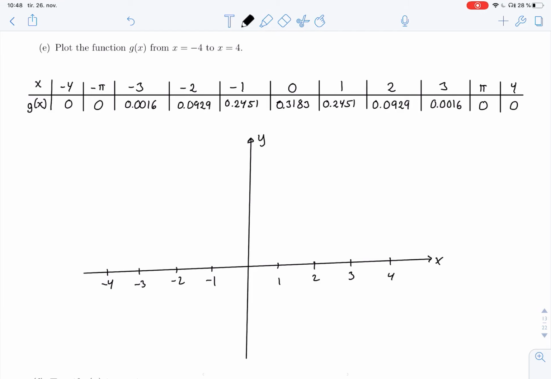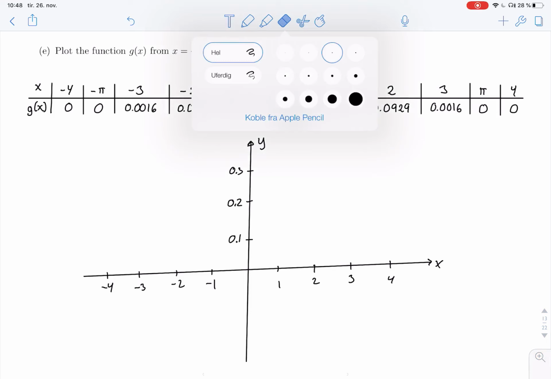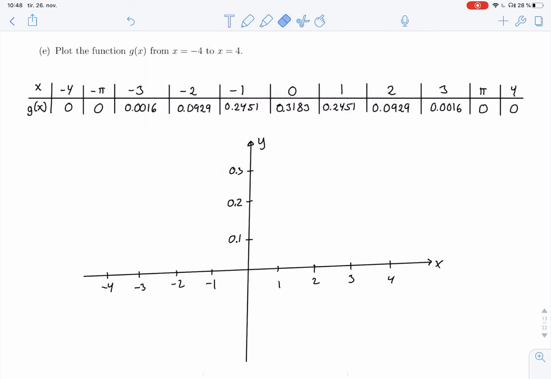And on the y-axis, I see that I don't have any negative values, and my maximum would be 0.3 something. So I simply make an axis that fits those values. And again, please remember to name your axis.